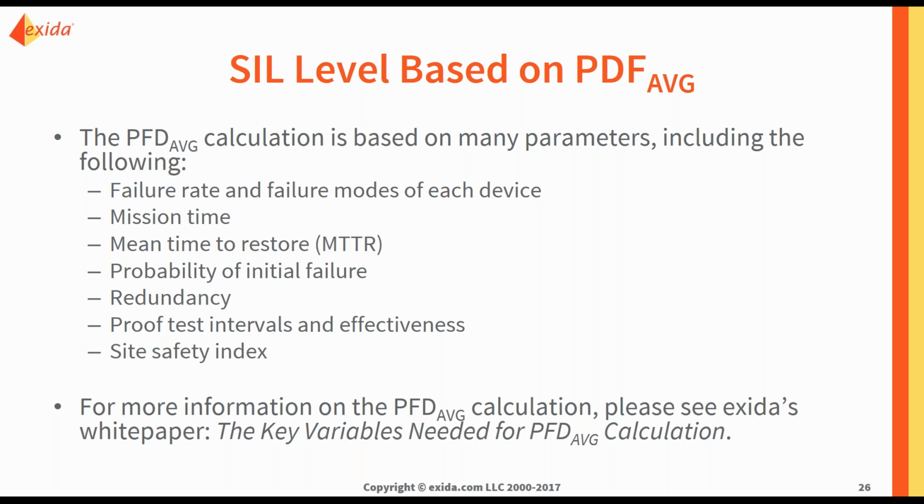This is a pretty complicated topic, so instead of delving any deeper into it, we have a white paper on the exida website called Key Variables Needed for PFD average calculation. That should show you exactly how you might do the calculation. In my case, I simply use SILver, and that does the calculation automatically when you model your SIF in the module.